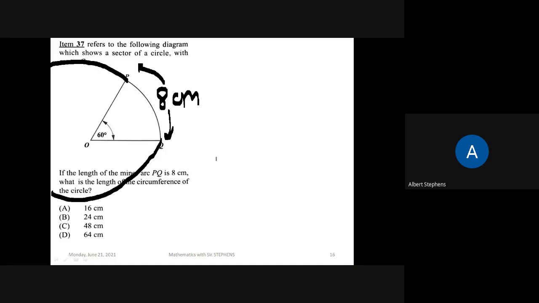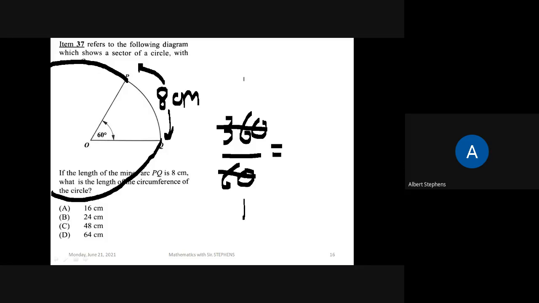What's 360 divided by 60, by the way? It's 6.